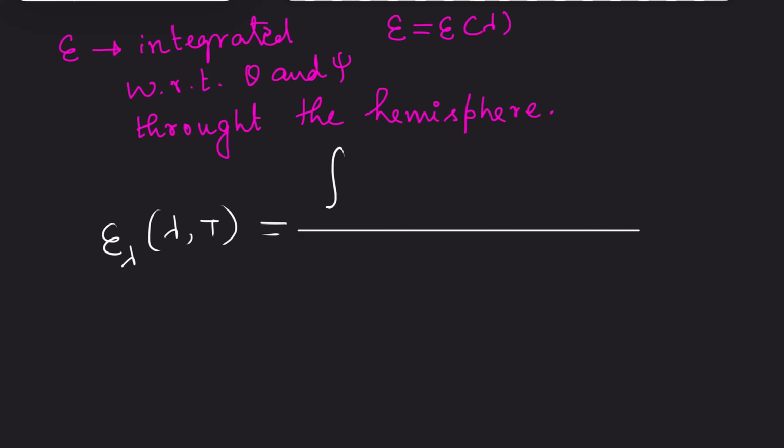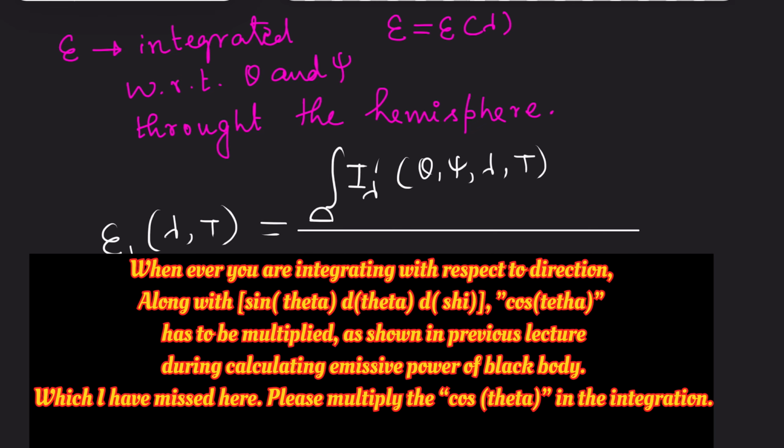Okay, so integrated over the hemisphere, we write it like this: I_real surface(θ, ψ, λ, T), we have to integrate over the whole solid angle. Solid angle is the representative of direction. This is I_bλ.